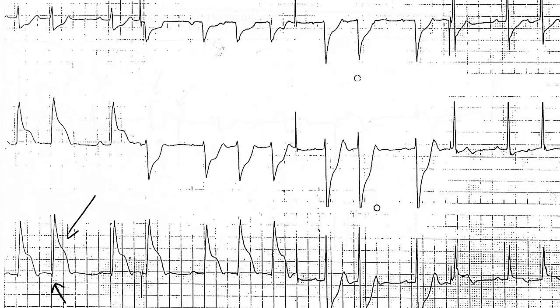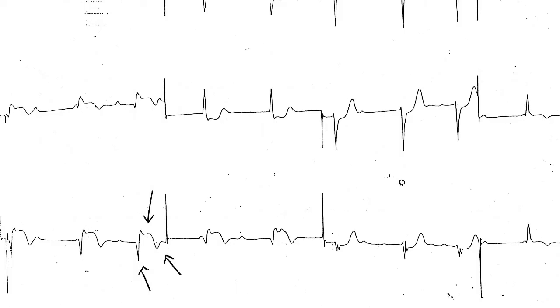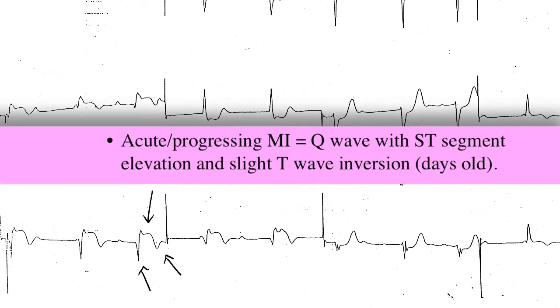If you flip to page 12, and again we're still looking at leads 2-3 and AVF, just to stay with one type of infarct for a while. This is called acute progressing. That's the next stage, and this is where you have Q waves. If you look at the arrows on there, that can be helpful. The Q wave has gotten much bigger. If we were in a classroom right now, I would be asking, what's happened to that Q wave?